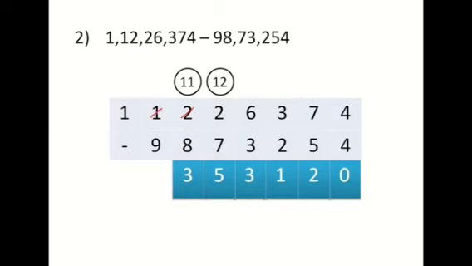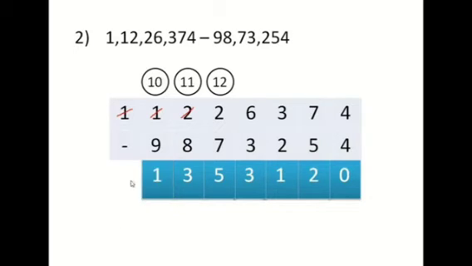As I have borrowed, nothing is here, it is 0 now. So again I have to borrow 1 from here. Yes or no? Yes. So I have to borrow 1 and here it was 0. So 1 and 0 will give you 10. So 10 minus 9?